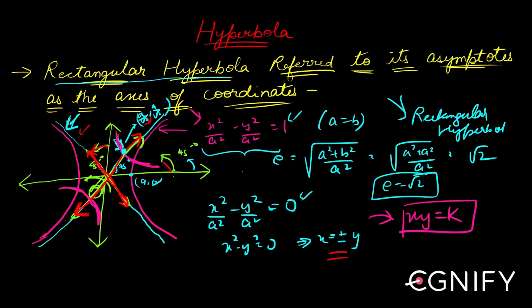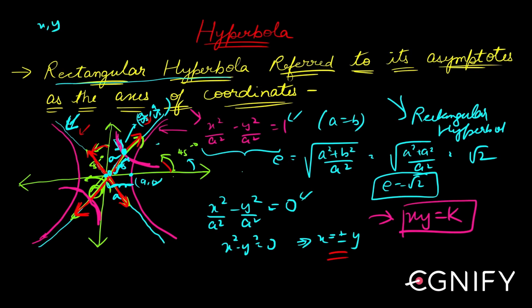After the rotation, the distance between the axis and the vertex will not change. The distance between the origin and the vertex was a. So here also the distance between the origin and the new hyperbola has to be a. Let x comma y be the coordinates.